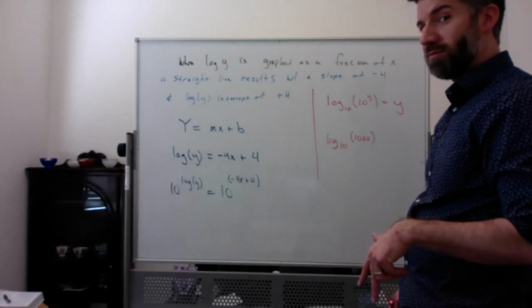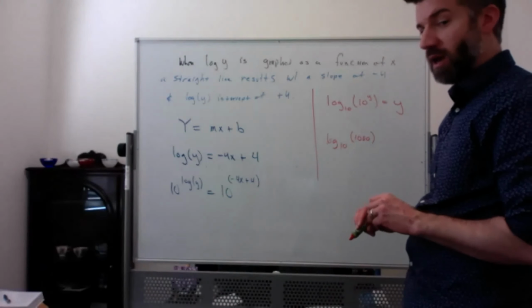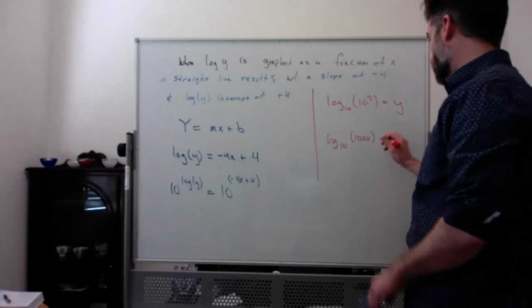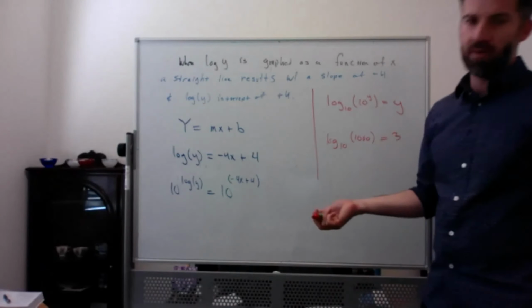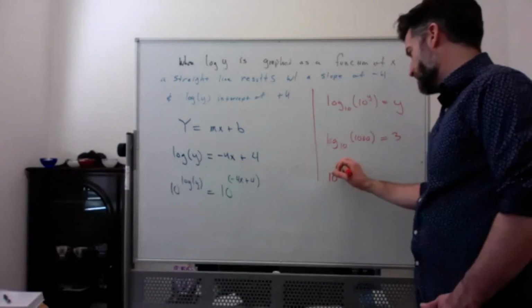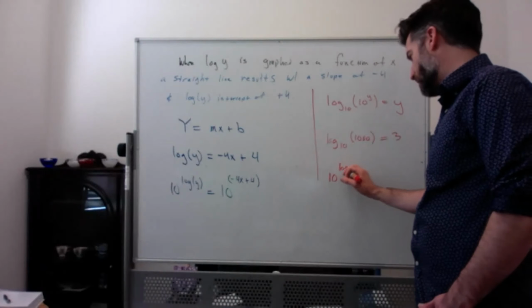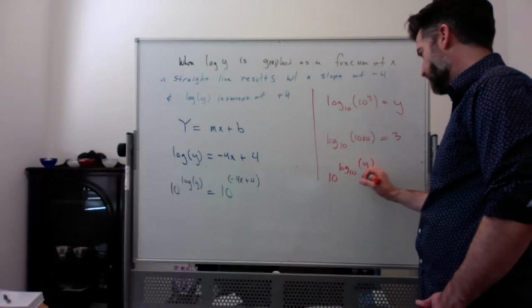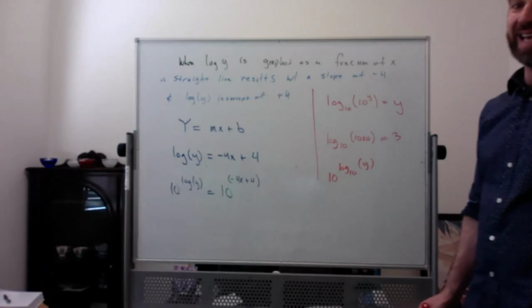Anybody? Yeah, thank you. It is definitely 3 because 10 to the third equals 1,000. Okay, so when I look at 10 to the log base 10 of y, here's what this says.